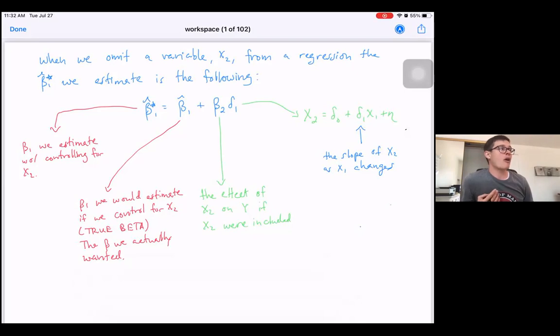Bias is how far off our estimate is from the true beta 1, which is beta 2 times delta 1. I'm trying to give you the formula and re-explain the material in the test, so if you were close to getting it, you could kind of put it together. But in this question, all you needed was what is delta 1, and you could have gone to the slides or your notes and said, where is delta 1? Delta 1 comes from this formula right here.